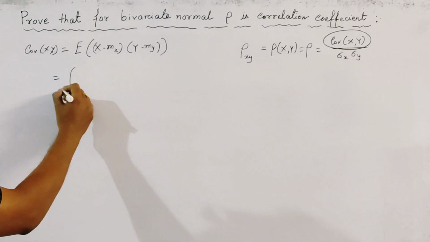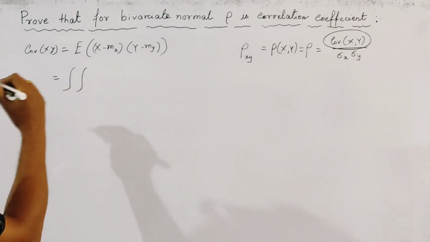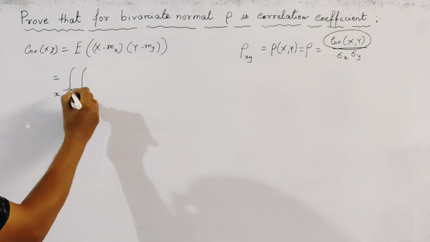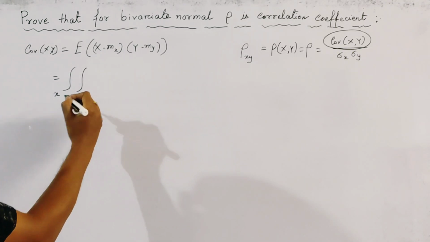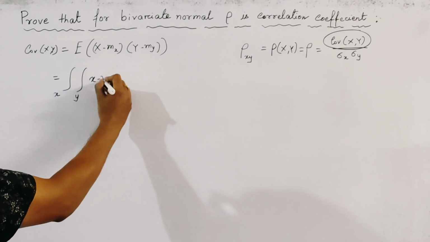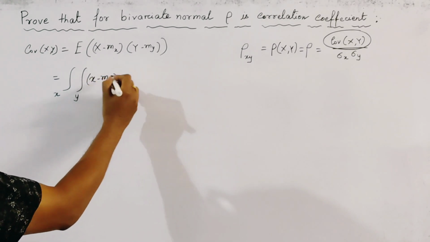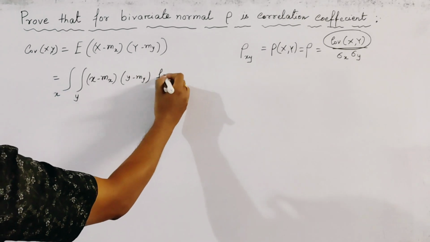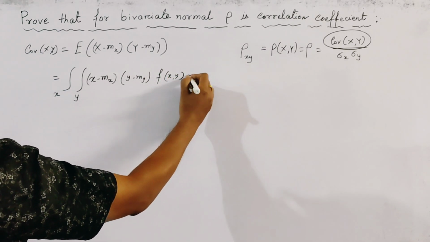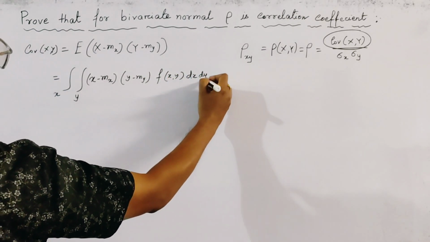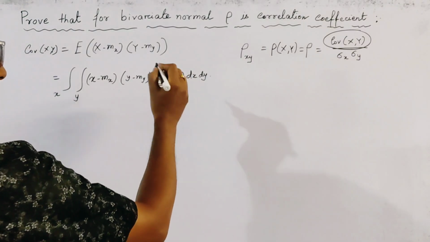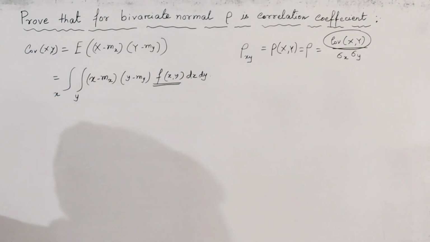It is given by integration, obviously a double integration, one integration on x and another integration on y. This is x minus mx into y minus my into fxy dx dy. What is fxy? fxy is the joint PDF of x and y.